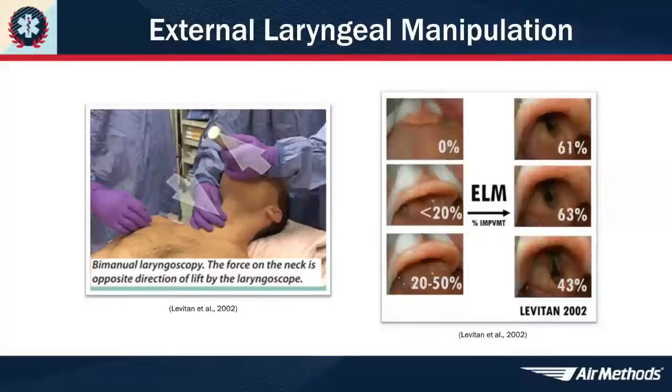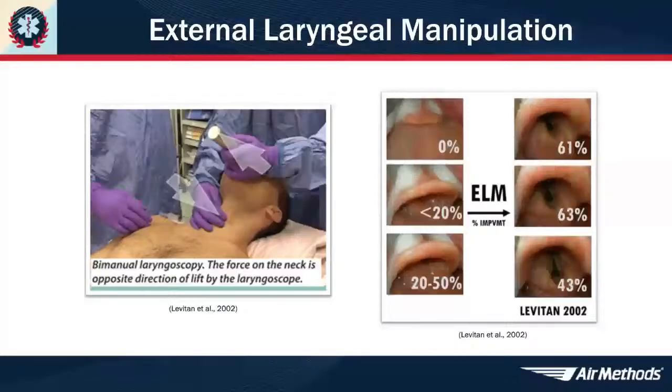The biggest thing that I find is that, you know, they used to call this crike pressure. Well, most of the time people put their index finger and their thumb on the thyroid wings or cartilages on the airway and push down. It's not thyroid pressure, it's cricoid pressure.